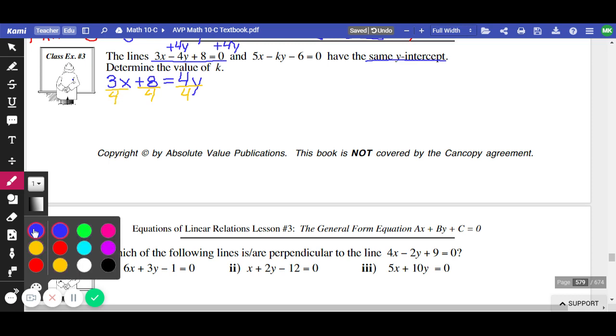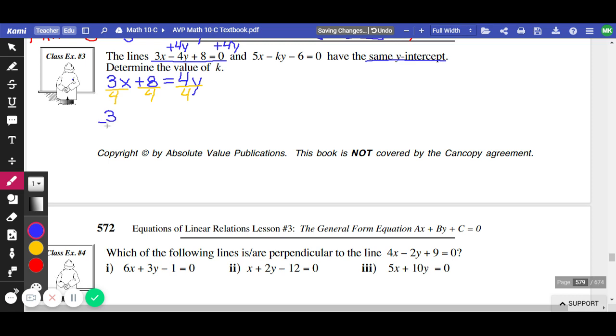I now have 3 over 4 x plus 2 equals y. That's as good as it's going to get. That means when I look at the first line, the blue one, what's my y-intercept?